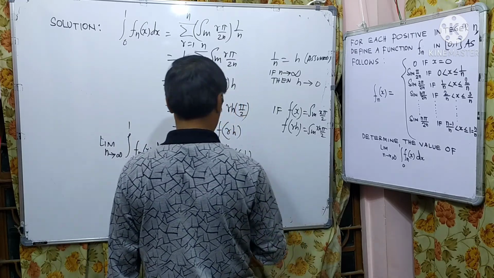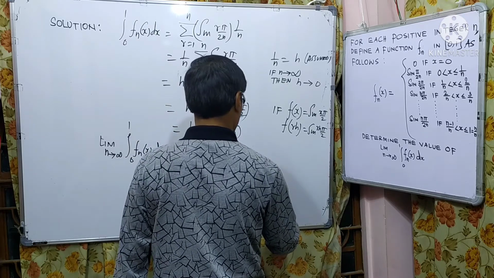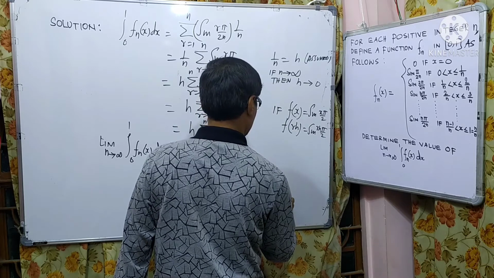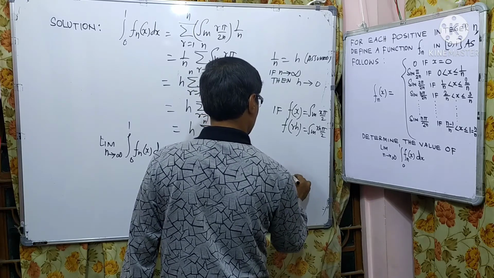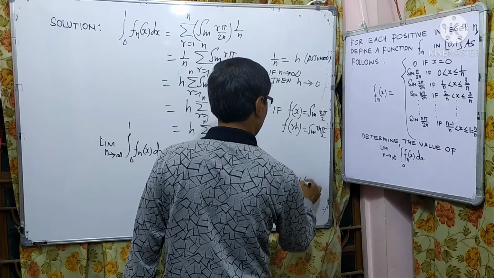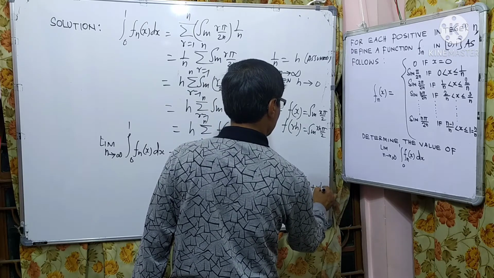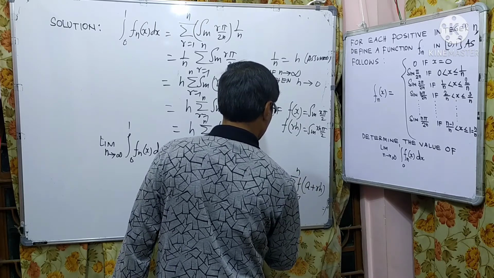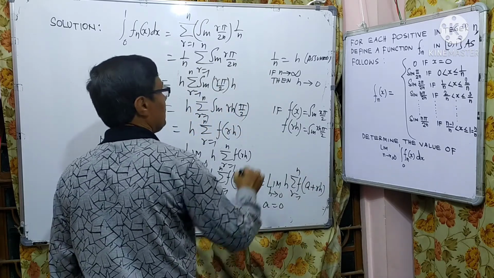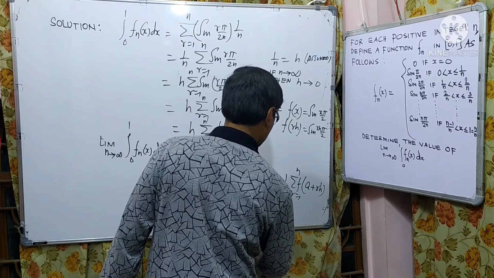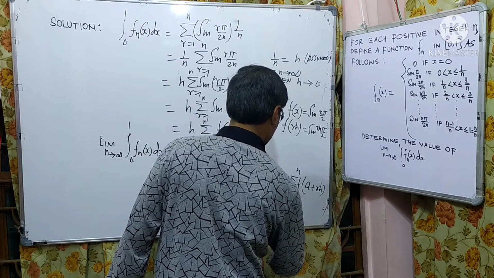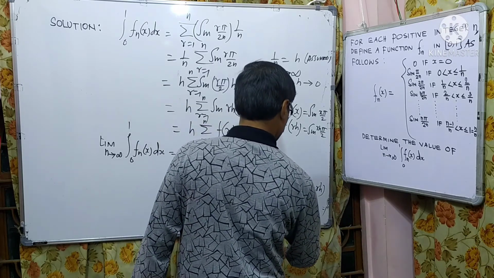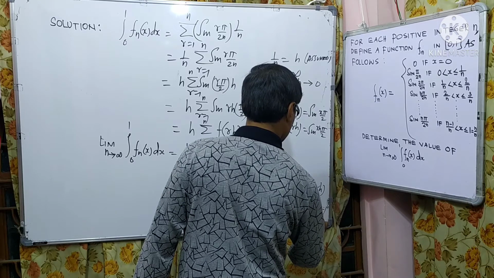Here we can take limit h tends to 0 of h into summation f of a plus rh, r equal to 1 to n, where a equal to 0 and nh equal to 1, that is 1 minus 0. This is equal to b minus a.